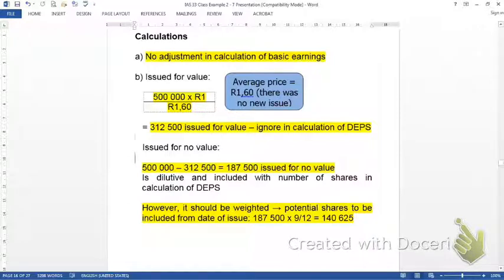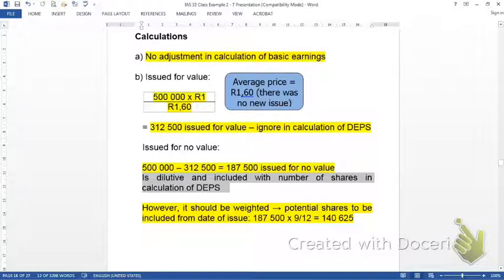To be able to determine that, we say 500,000 shares were issued, but then the 312,500 shares were issued for value. So the difference is the 187,500 shares that were issued for no value, and they are the ones that are going to cause the dilution in future. And that will be the amount that will be included in the diluted earnings per share.